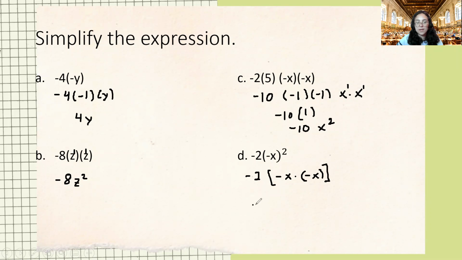So I have a negative 2, and I have two negative 1's in here. So negative 1 times negative 1 is going to give me a positive 1. So I'm left with x times x. And here to multiply these, I add their exponents and keep the base the same. So that gives x squared, and the final answer is negative 2x squared.